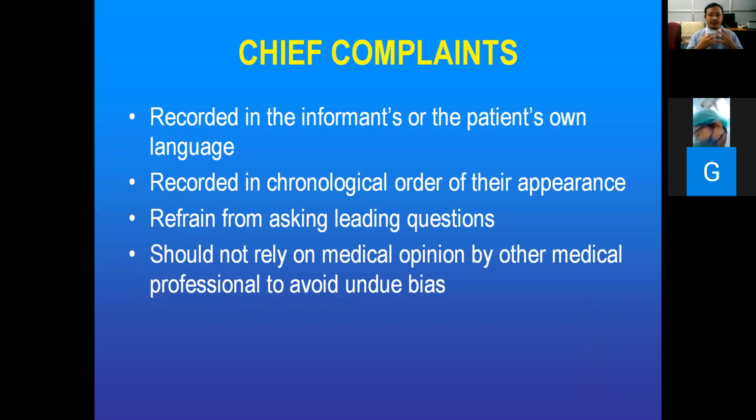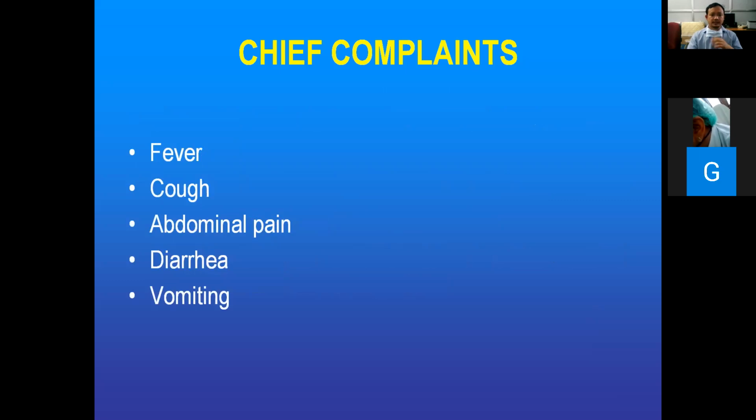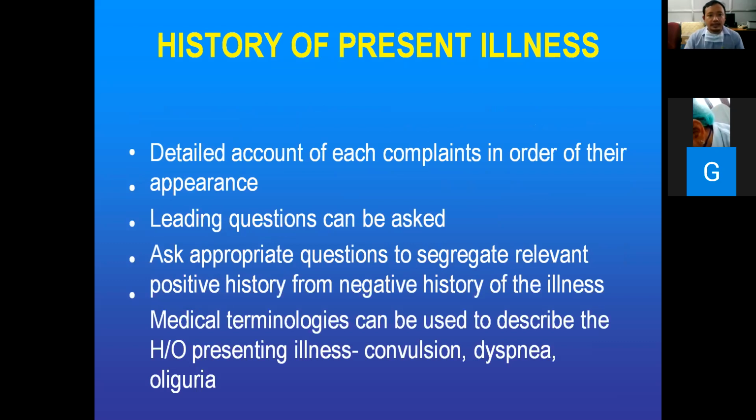For example, if a parent comes to us with the chief complaint of my child is suffering from typhoid fever, it should be recorded as plain fever for 15 days. Chief complaints could be fever, cough, abdominal pain, diarrhea, vomiting. Followed by chief complaint is history of present illness.